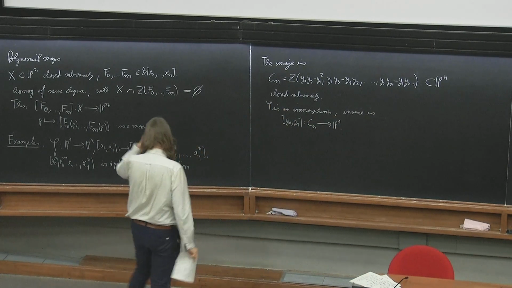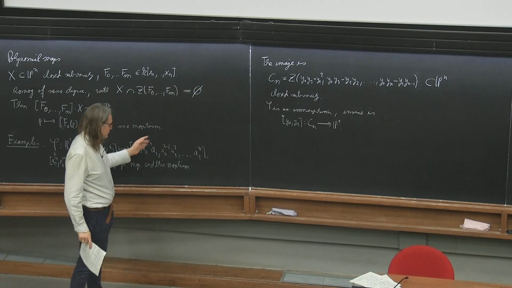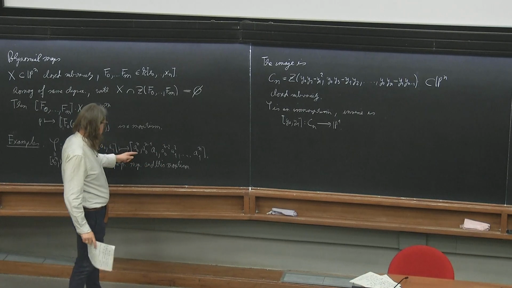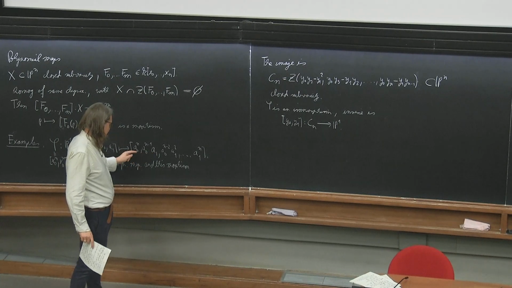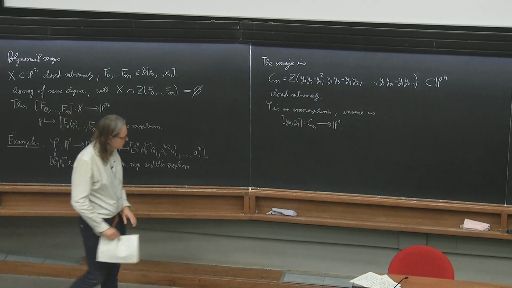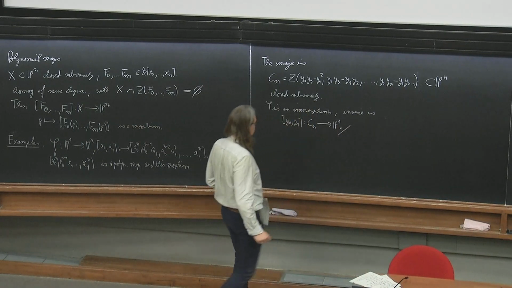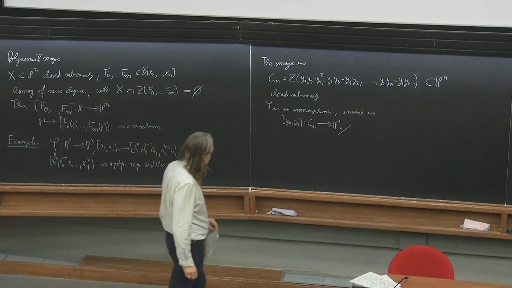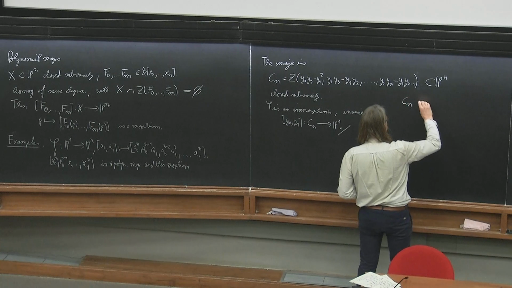So once you're in the image, this y0, y1 for an image point would be y0 to the n, y0 to the n minus 1 y1, which is equivalent to A0 to the n, A0 to the n minus 1 A1, which is equivalent to A0, A1, which is what you started with. You can work this out in detail and see this is the inverse, and so they are isomorphic. So this Cn is called a rational normal curve of degree n.